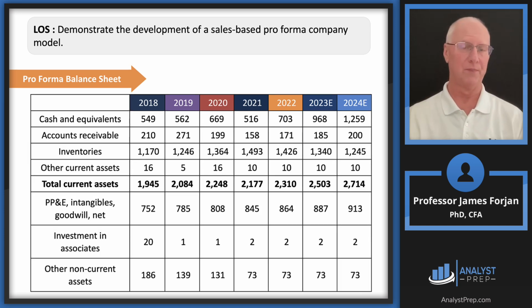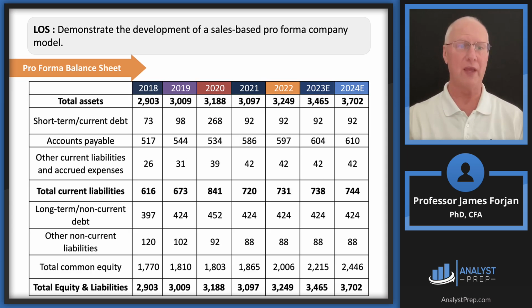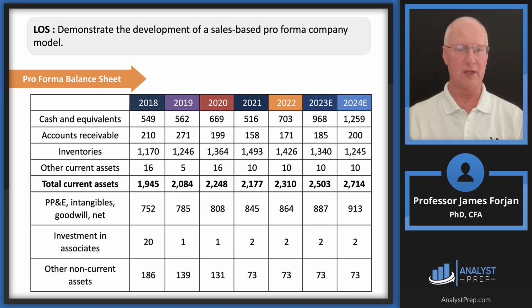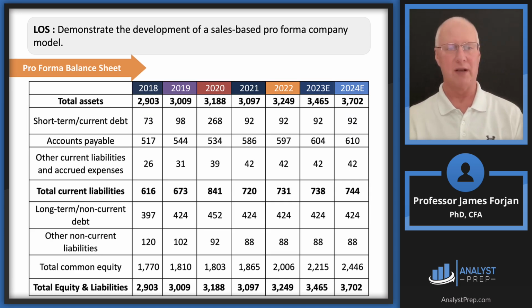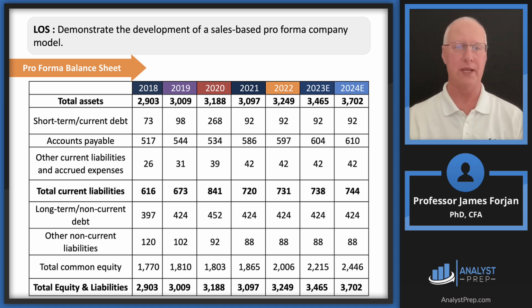I don't know. If the Institute would do this for you, ask you to do all this stuff, and then say, oh, by the way, calculate a current ratio, in which case you would just do the 1945, in year 2018, 1945 divided by the 616. And then you can take a look at non-current liabilities and total equity, and you get the 2903 for the year 2018.